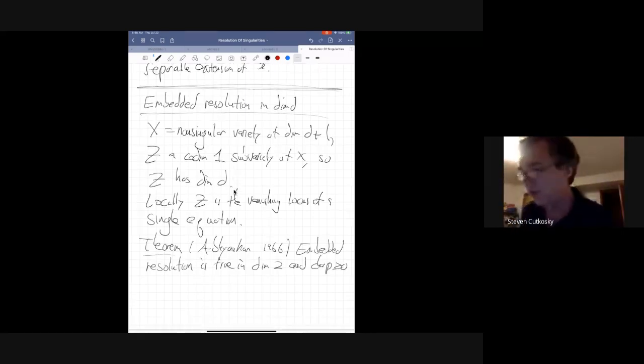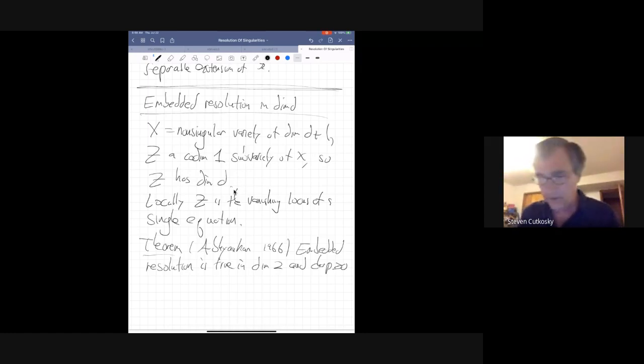This is in his proof of dimension 3, in the book where he finished it, I think it was called Embedded Resolution of Surfaces, something like that. The reason why was because this was the significant part of the proof. This is where most of the work was.